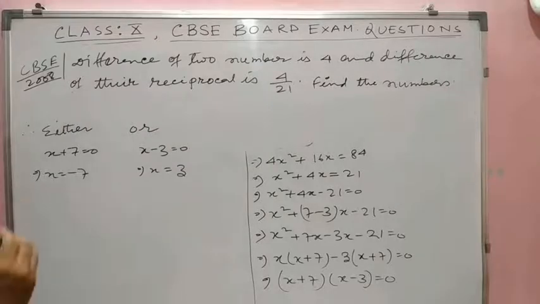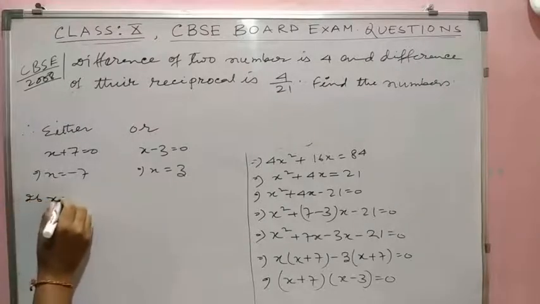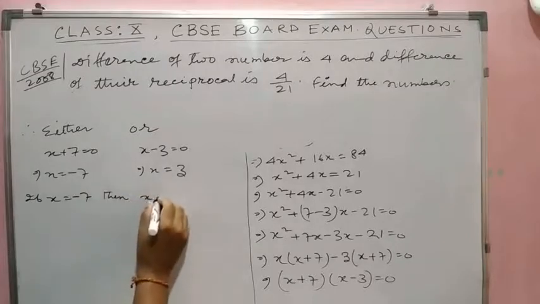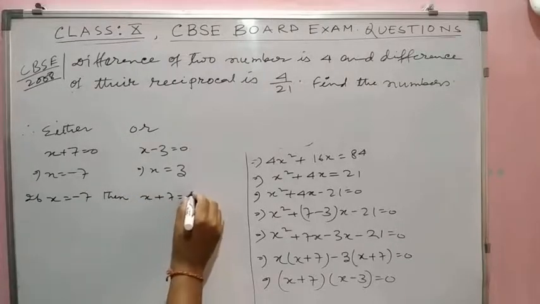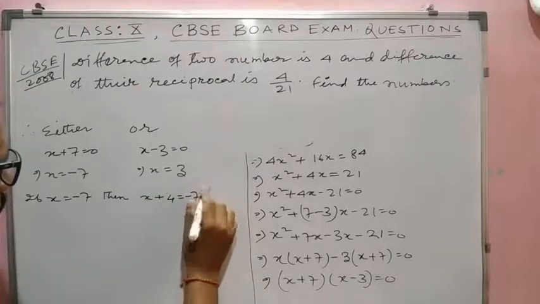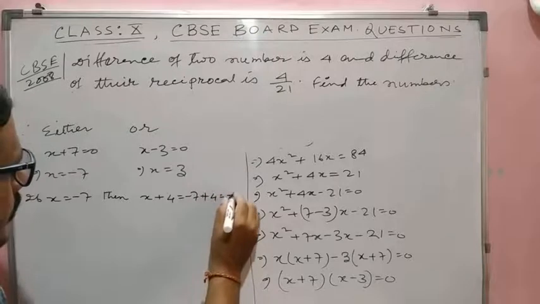So if x equals minus 7, then x plus 4 equals minus 7 plus 4, that is minus 3.